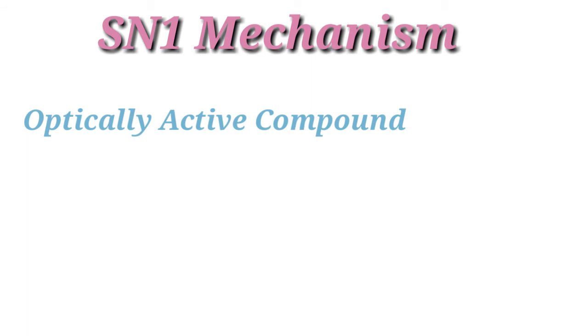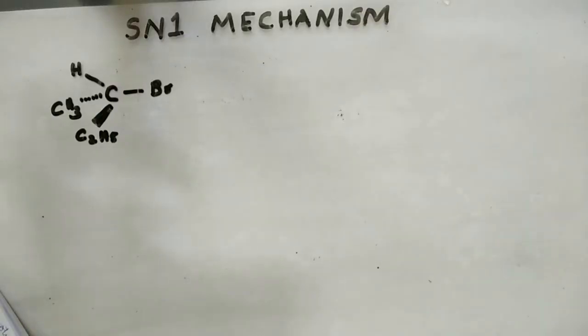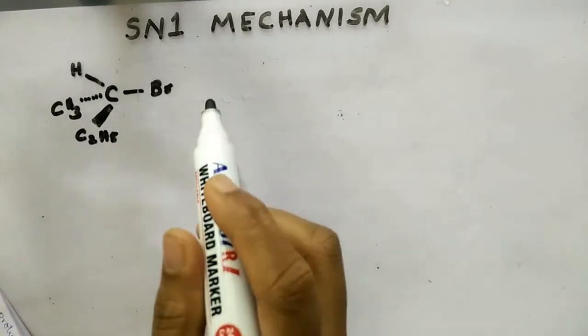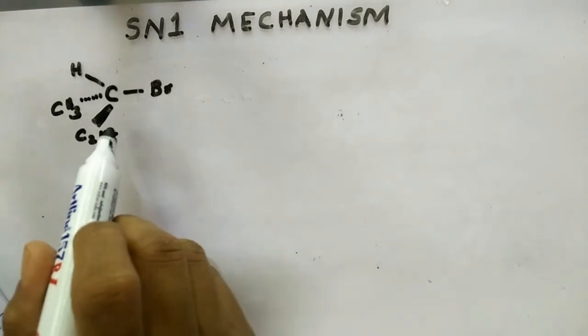We can easily understand an optically active compound. They possess an asymmetric carbon atom. That is, if all the substituents attached to the central atom are different, it is said to be an asymmetric carbon atom. For the SN1 mechanism, I will show the mechanism with an optically active compound.